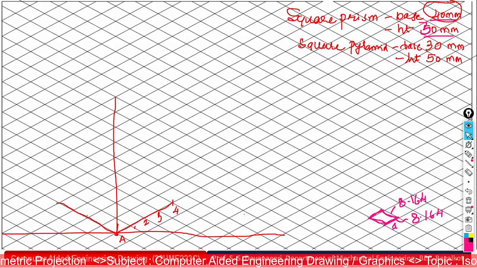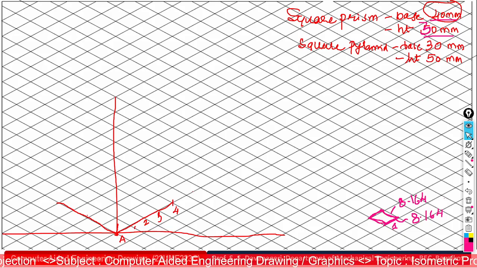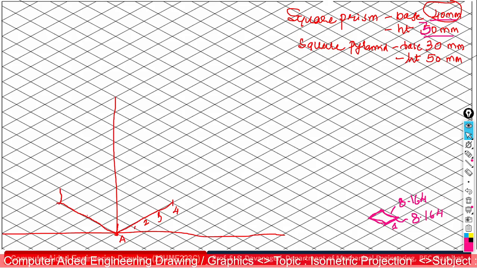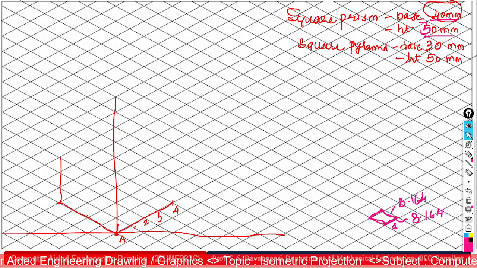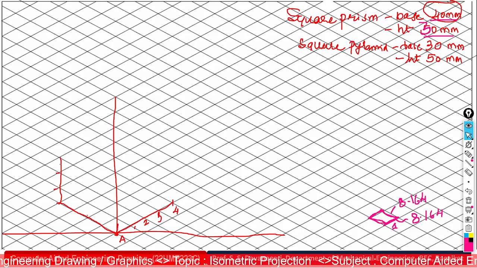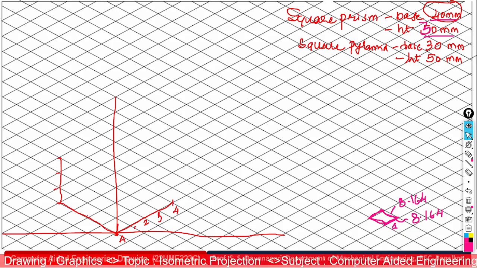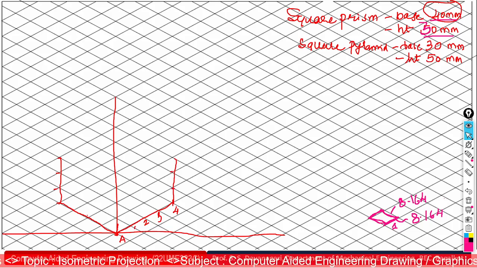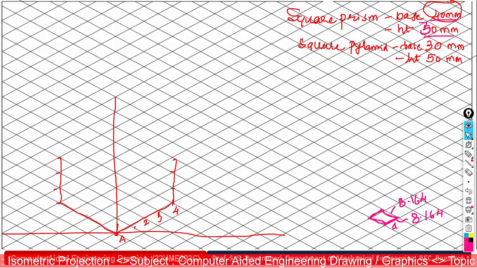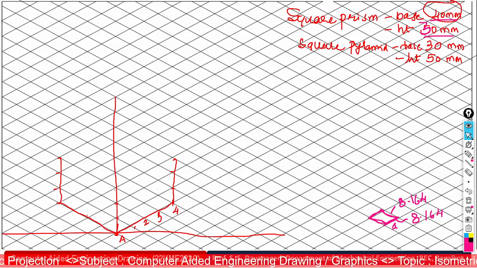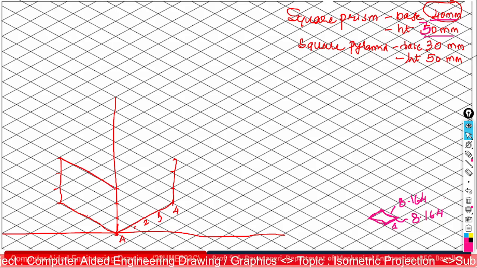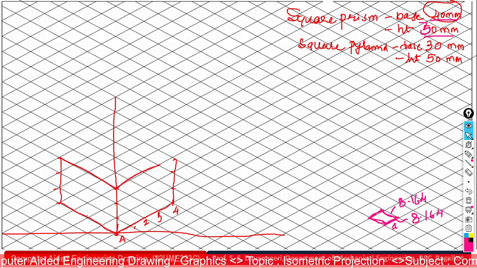Next, height is 30. From these reference points you go for 3 units: 1, 2, 3. Similarly from this point, 1, 2, 3. Now from point A you go again 3 units. Now you connect all these points to form a box.